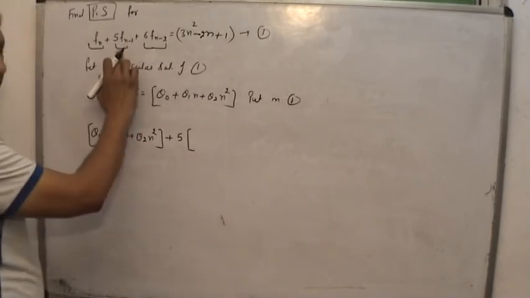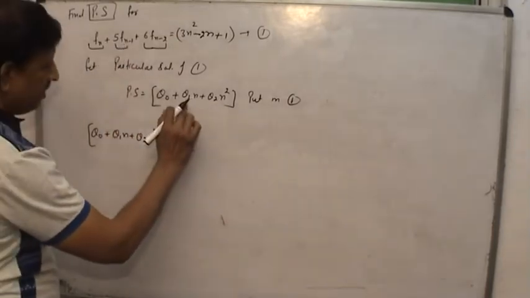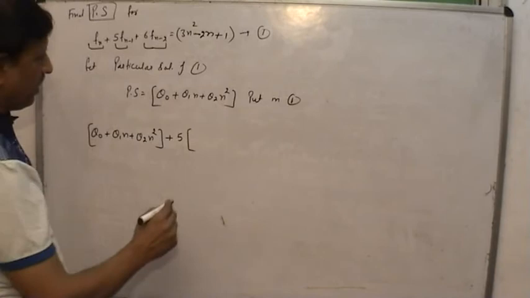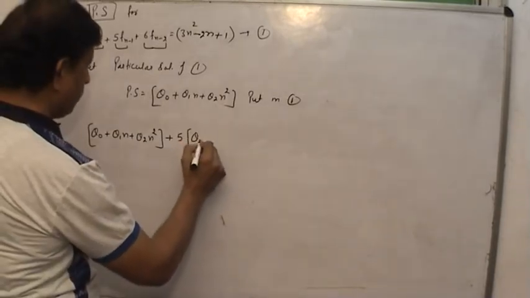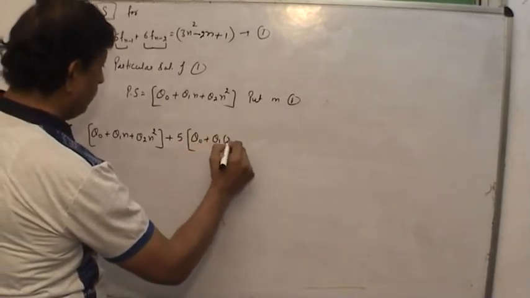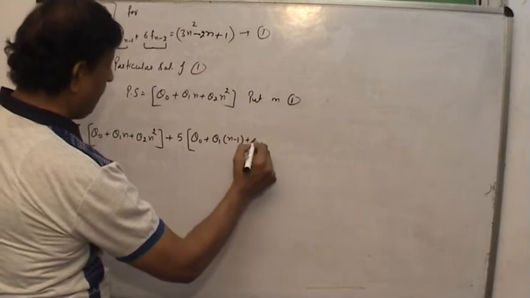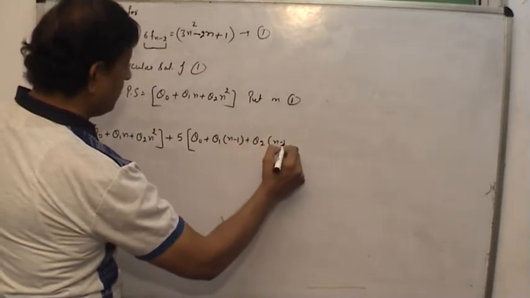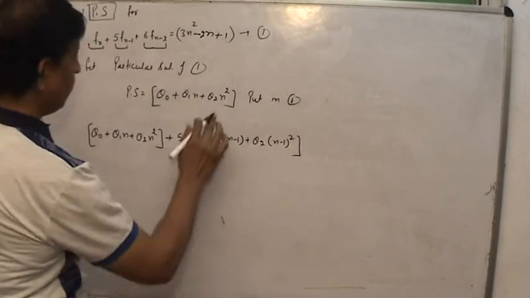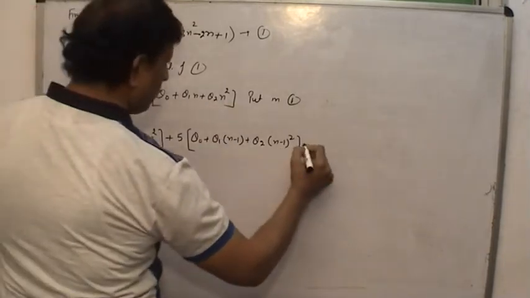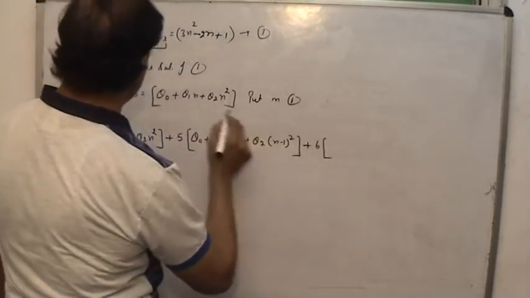Here it is F(n-1). It means here every n will change into n minus 1: 5 times (Q0 plus Q1(n minus 1) plus Q2(n minus 1) whole square). For the third term, the constant remains as it is.